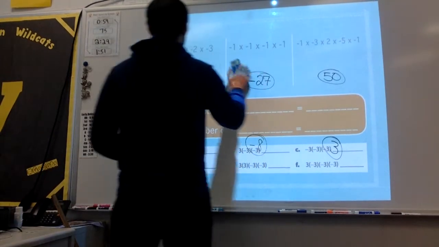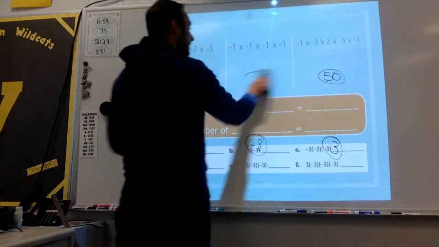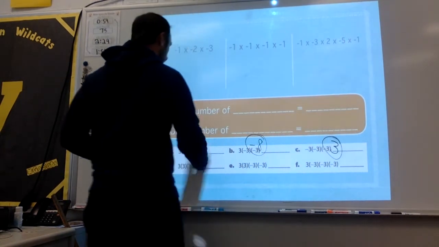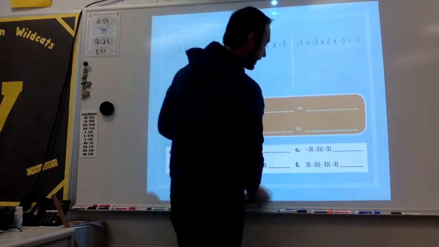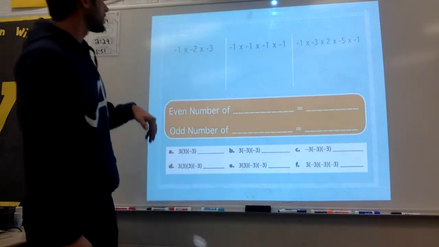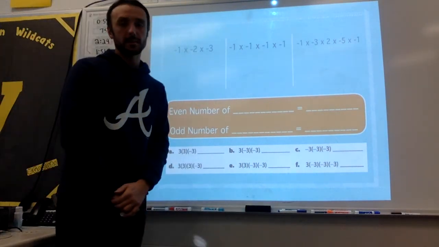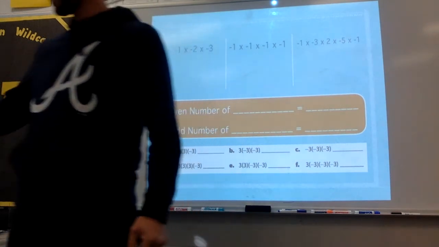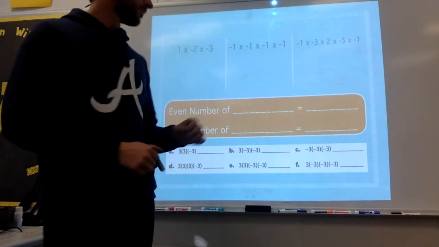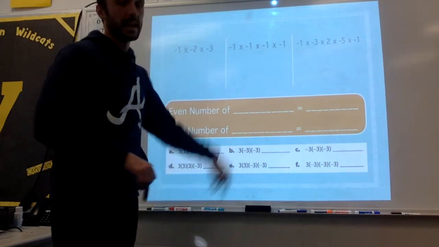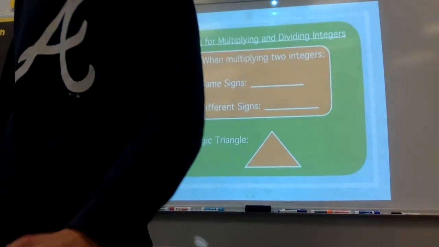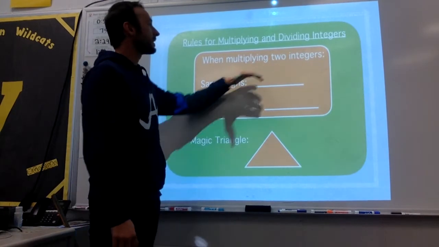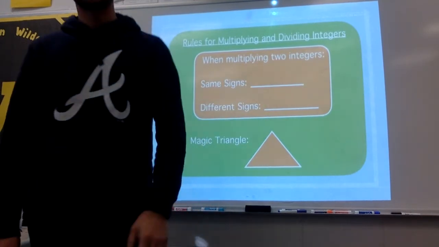So here is where, to be honest, I try to trick some kids for a second when we first start doing the notes. And then after they look at it, they get it. I usually start off by saying, what is -1 times -2 times -3? Most kids would guess that the answer is positive 6, but that's wrong. I know the signs are the same, but if you go back to our first slides, it says when multiplying two integers.